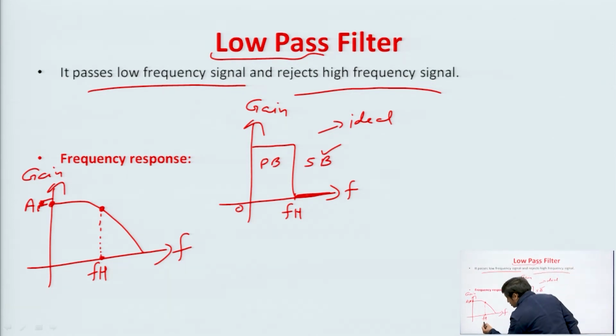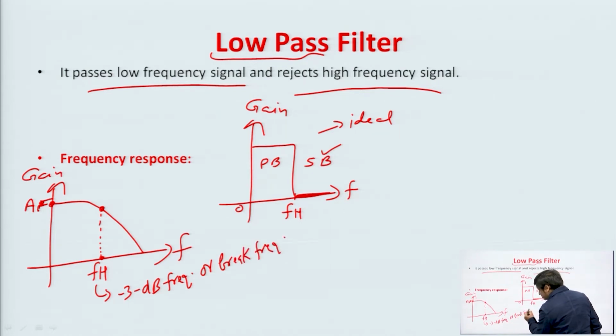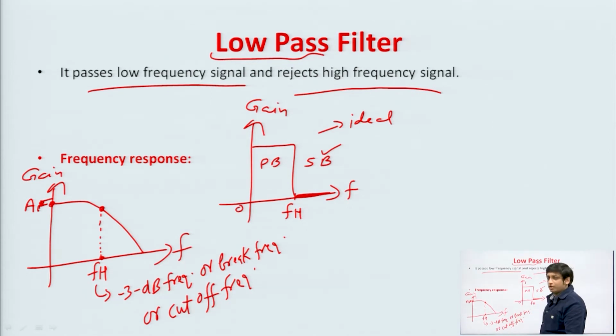So, this FH is called the minus 3 dB frequency. It is also called the break frequency, the cutoff frequency, or the corner frequency. So, there are different names, but all are the same.